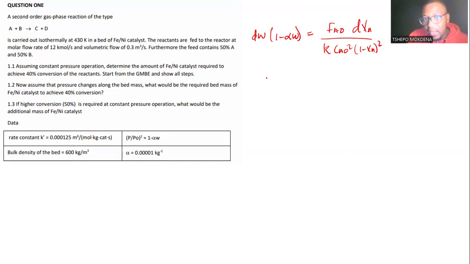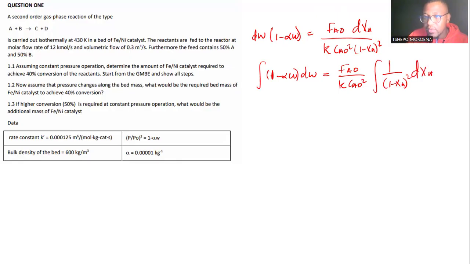And then I will integrate. On the left, 1 minus alpha W dW. And on this side, I have FAO divided by K CAO squared, integral of 1 over (1 minus XA) squared dXA from 0 to XA, and 0 to W. So now this, I told you how to integrate from 1.1.